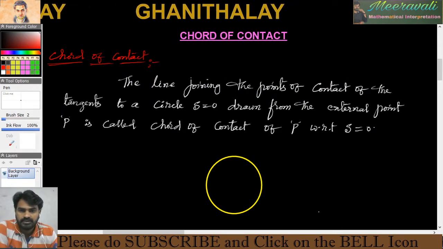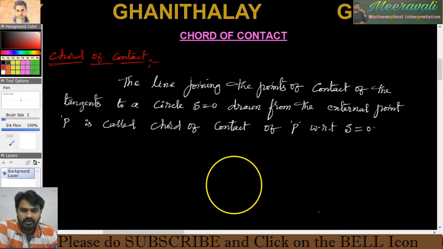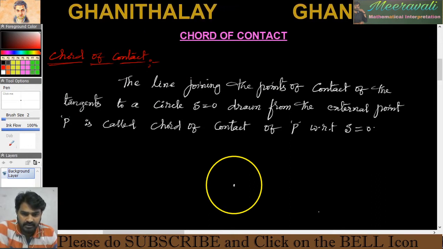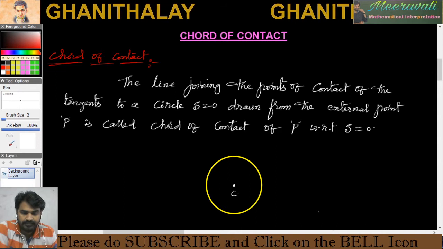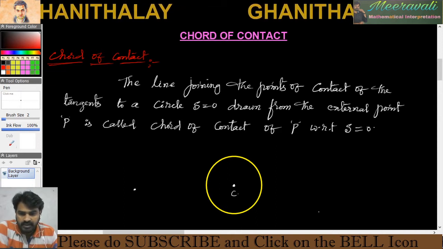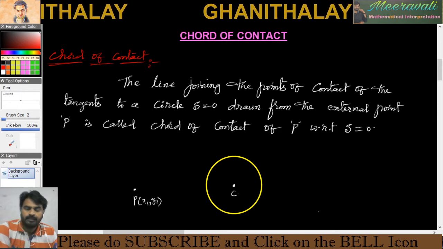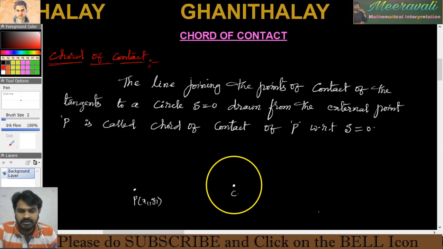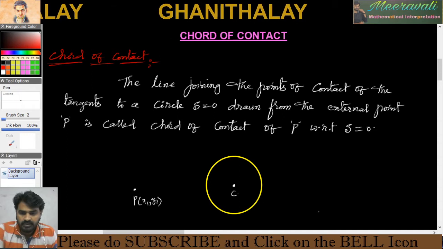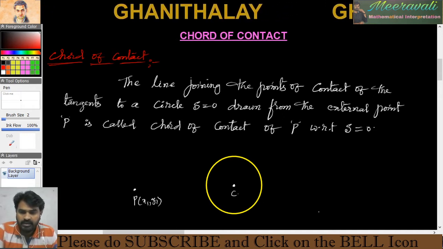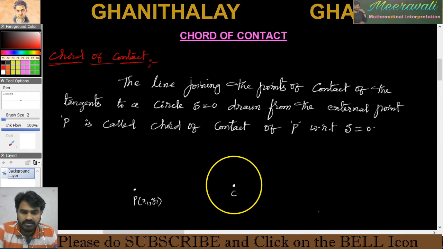Chord of contact. First we have to consider a circle with center C, and also take a point P (x1, y1). This is a point on the exterior of the circle. By taking an external point, how many tangents can we draw to the circle?